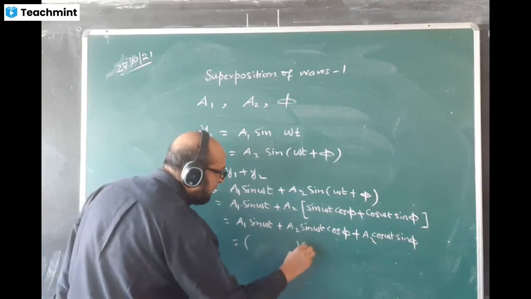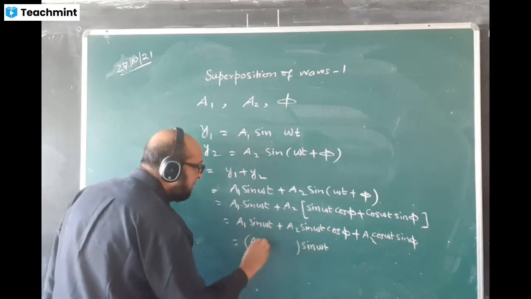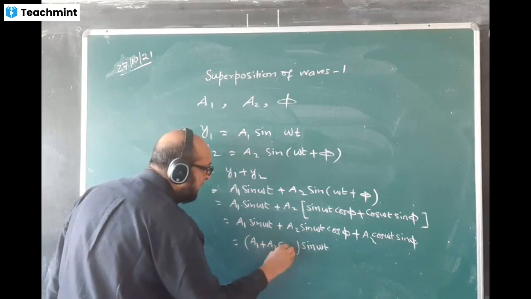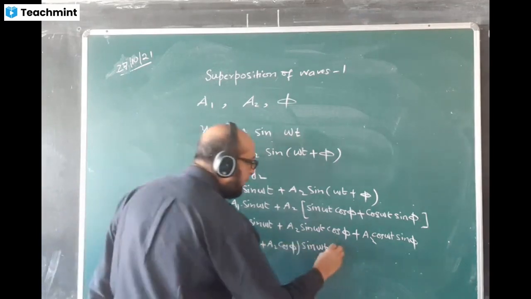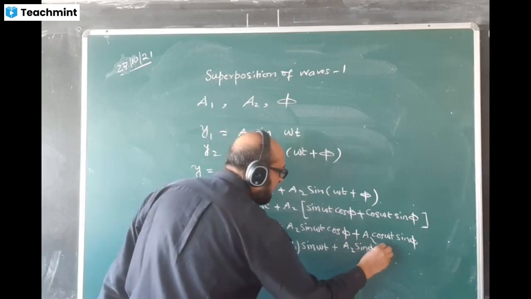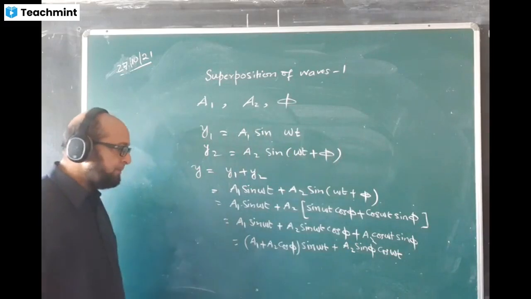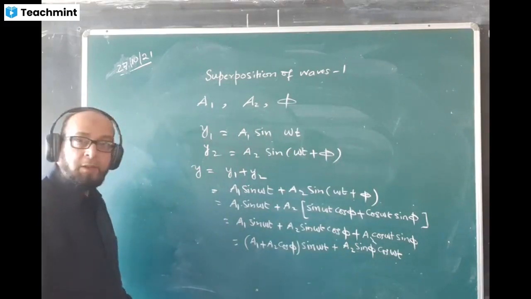So I'll write like this, sin omega t here. What do I get? I get A1 plus A2 cos phi here, and A2 sin phi, and cos omega t here.